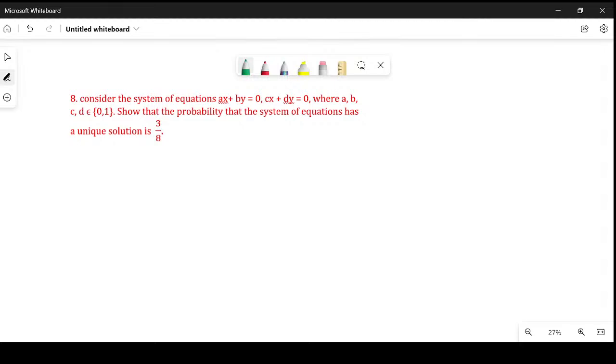So from the given system of equations, we can write in matrix form: let A be the matrix with rows A, B and C, D, and x equal to the column x, y. Actually, we can write Ax equal to 0 matrix.